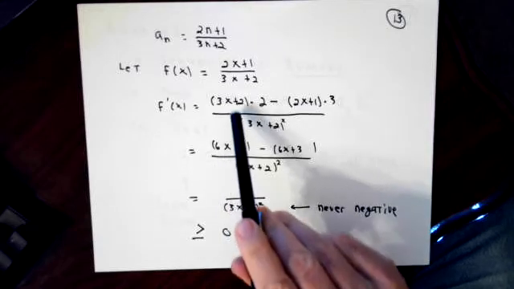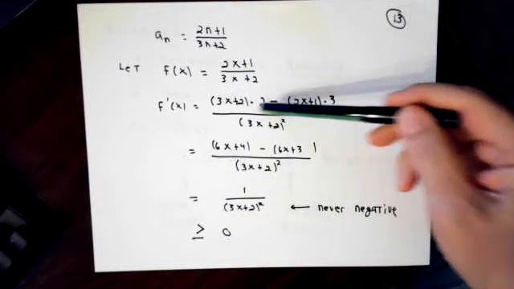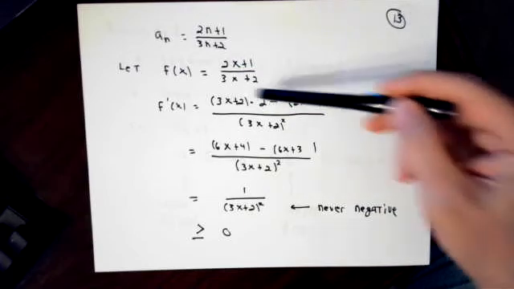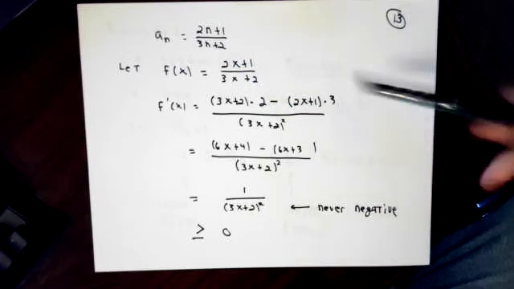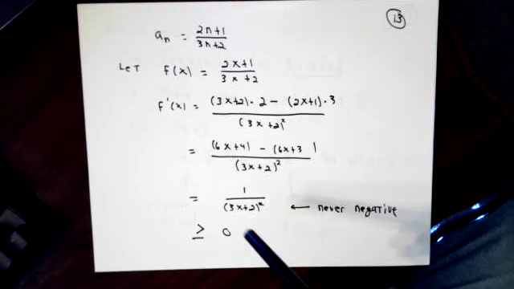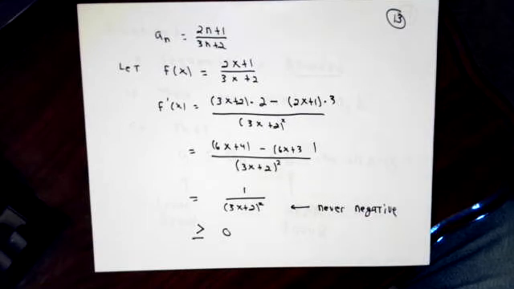So I need the bottom times the derivative of the top, which is 2, minus the top times the derivative of the bottom, which is 3, divided by the square of what used to be on the bottom. Simplify the algebra, and it turns out that the derivative of f with respect to x is 1 over the square of 3x plus 1.